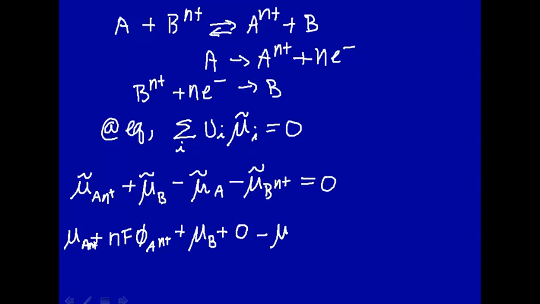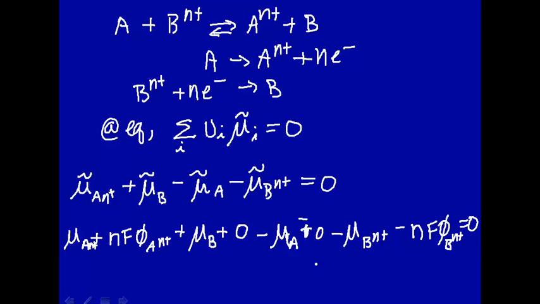This would be the chemical potential of A, minus 0 because A is not charged, minus the chemical potential of B^n+, minus, again, n electrons being transferred times the Faraday times the potential arising because you have B^n+. All that has to equal 0.